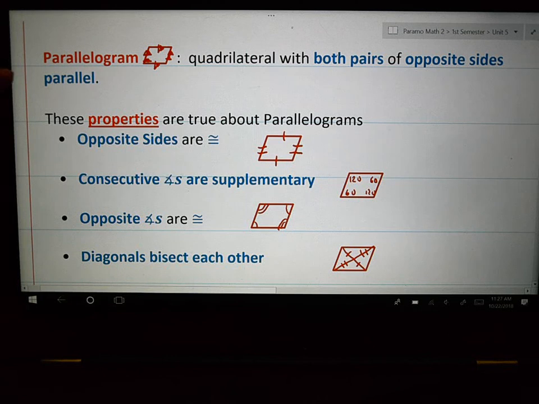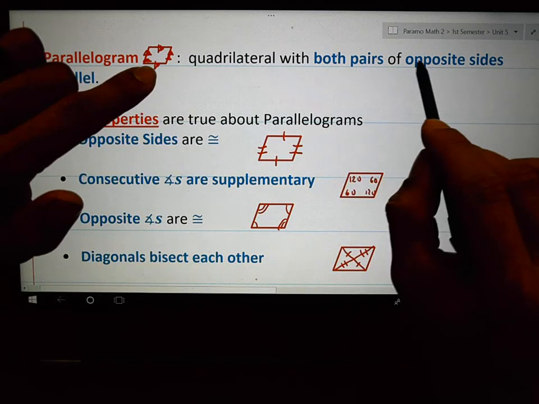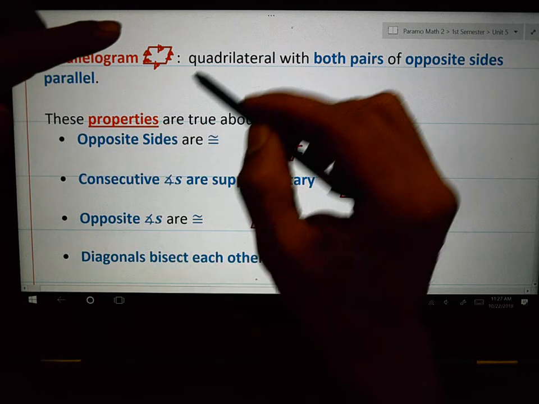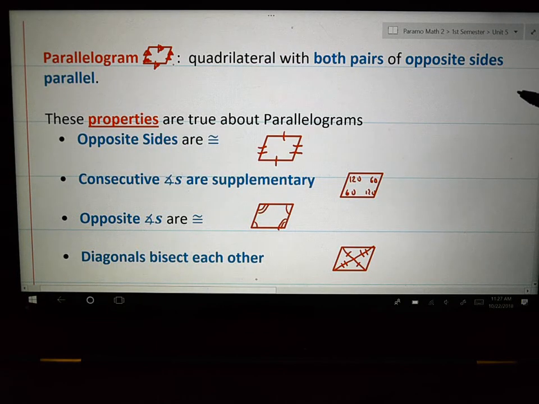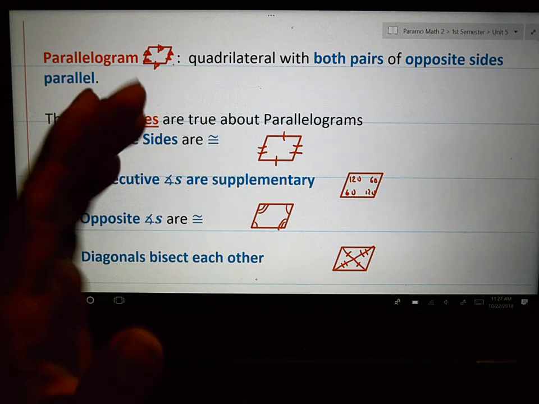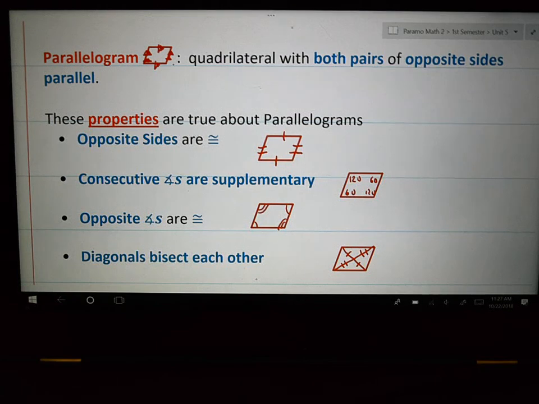The definition of a parallelogram is a four-sided shape where both pairs of opposite sides are parallel, meaning these sides are parallel and these sides are parallel. One of the things that I like to point out is a rectangle is a parallelogram. A rectangle has opposite sides that are parallel to each other.